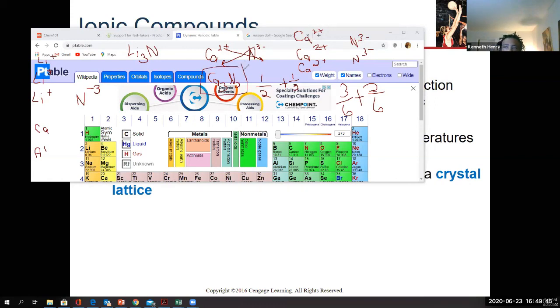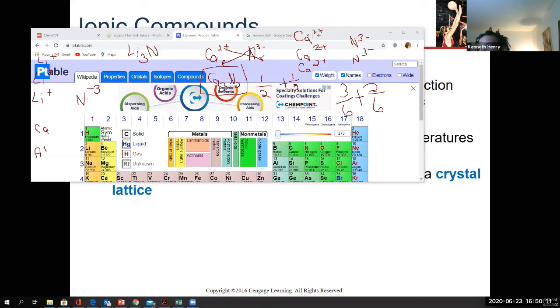Balanced. Okay. Can you go over that one more time, the cross denominator? Is that how you did it? Yep. So I took the charge, and since they don't balance out normally, I just cross multiply. I make this my subscript. That'll be 3, so that means I need 3 of those.